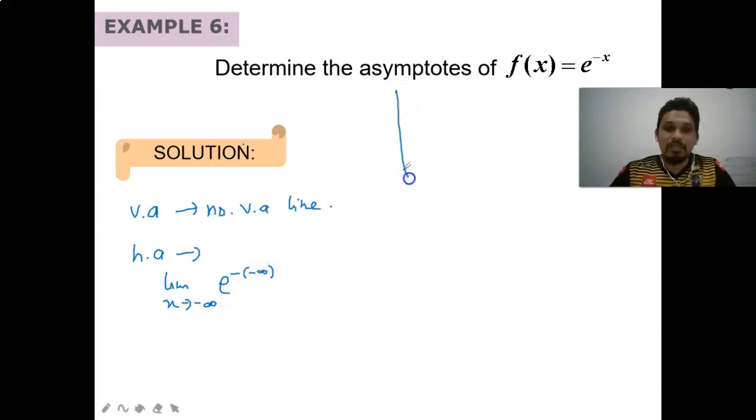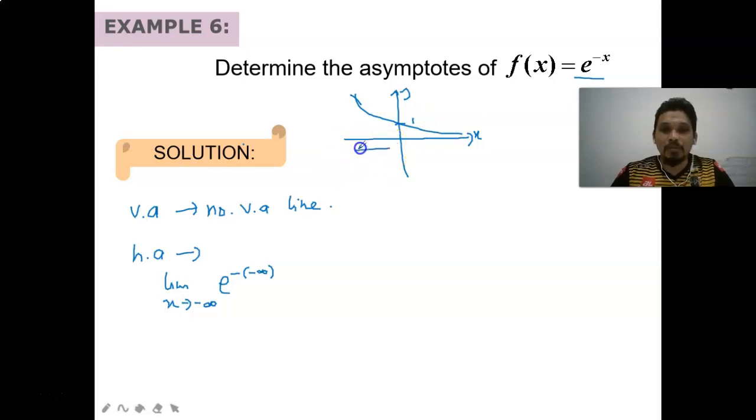Okay, let's refresh. How does the graph of this function look? The graph of y equal to f(x) equal to e to the power of x is something like this. So then e to the power of negative x starts from up here, which crosses here at 1.